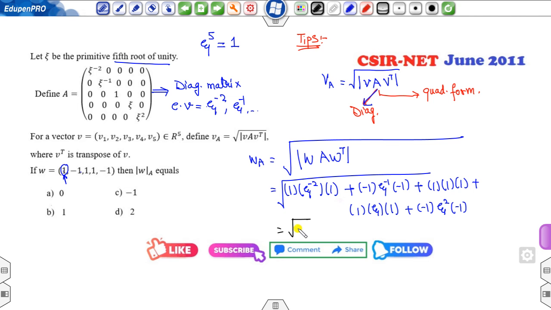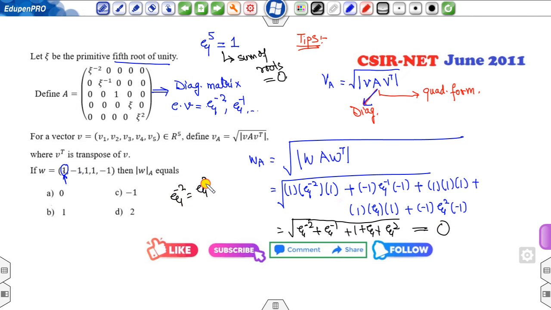Clearly this is xi of minus 2, xi of minus 1, 1, xi, xi square. What is this number? This is the sum of the roots. So what is the sum of the roots? 0. So the right answer is 0. Moreover, you can write xi as xi cube, and xi minus 1 as xi raised to power 4. So you can see this is the sum of the roots of unity, that is 0. So 0 is right.